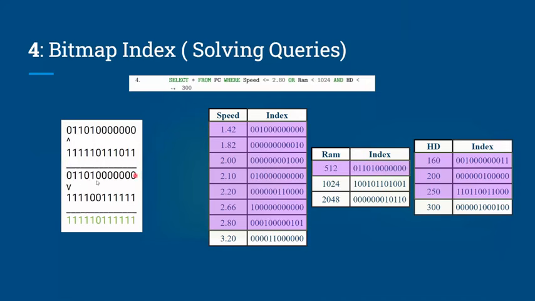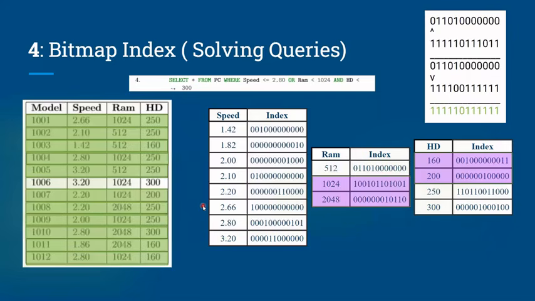And that would be the outcome right there. Then we OR that with the outcome of ORing the bit vectors from the speed index to have this resulting bit vector accounting for the whole query. Accordingly, we would consider every row from our data table, every record except for 1006, which does not satisfy our query constraint.